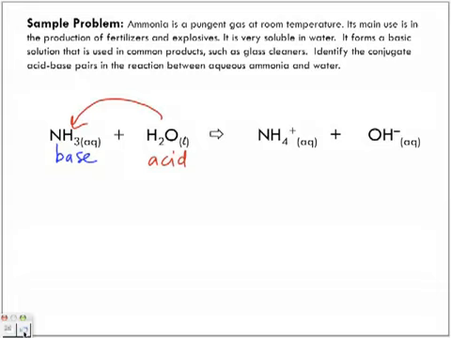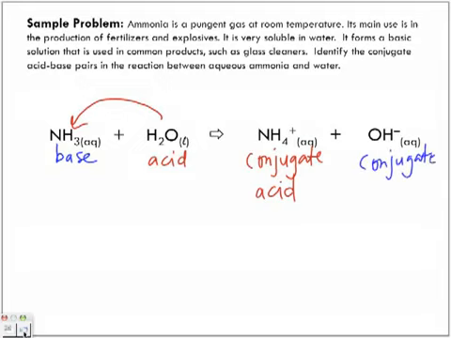So which one is the conjugate acid? The ammonium. And the hydroxide is the conjugate base.